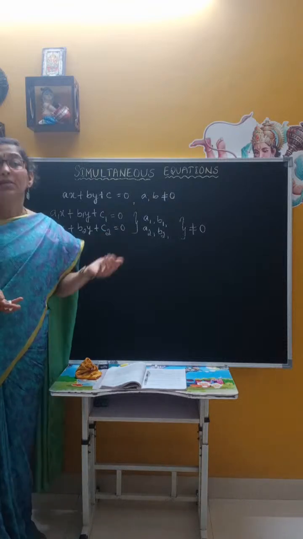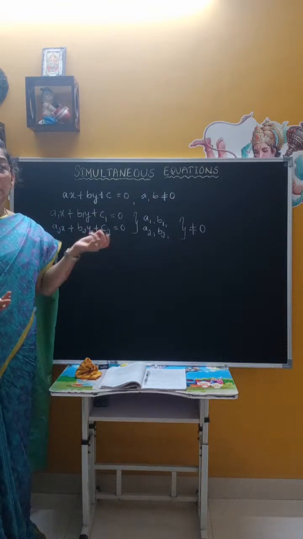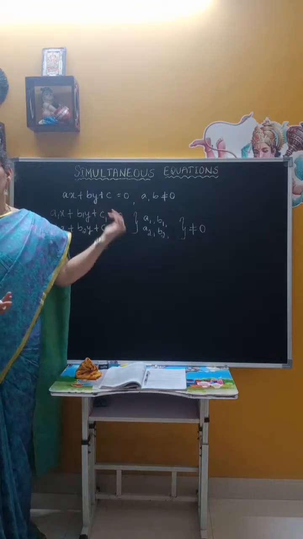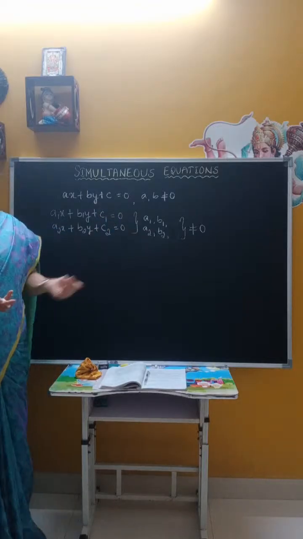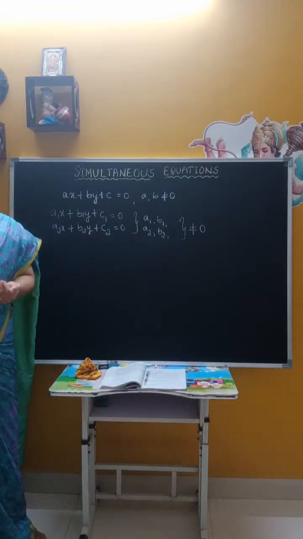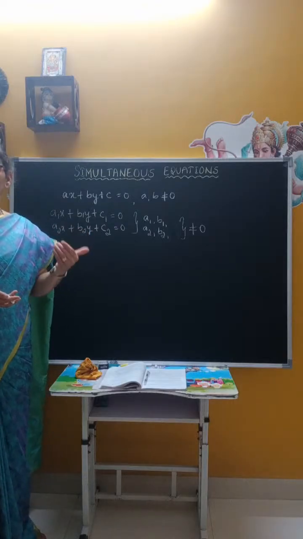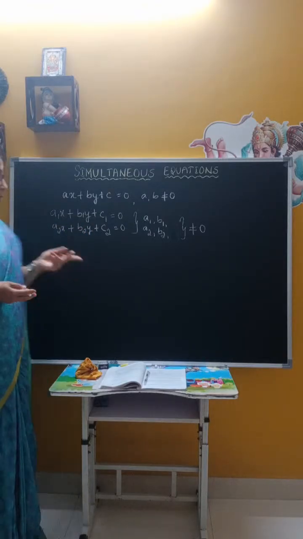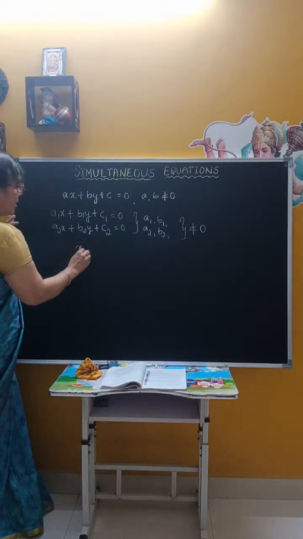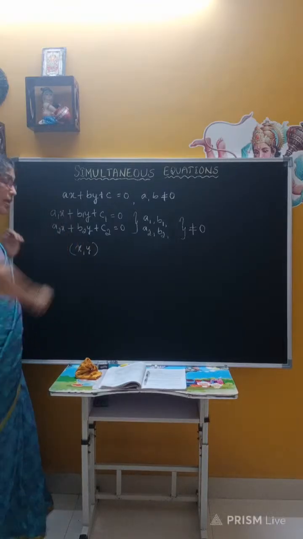Now, in the previous class I explained with the help of tiny cats that there are three situations for the solutions of linear equations. First case, there may be a unique solution, a pair of numbers x and y.